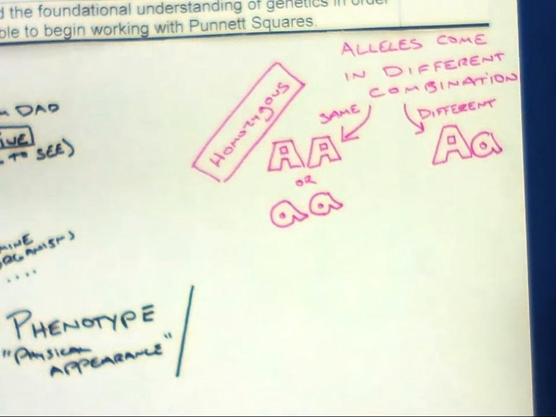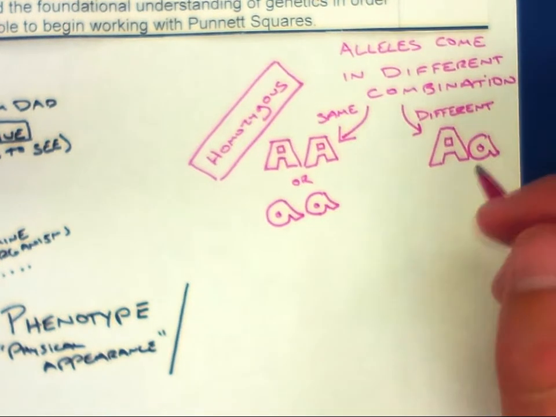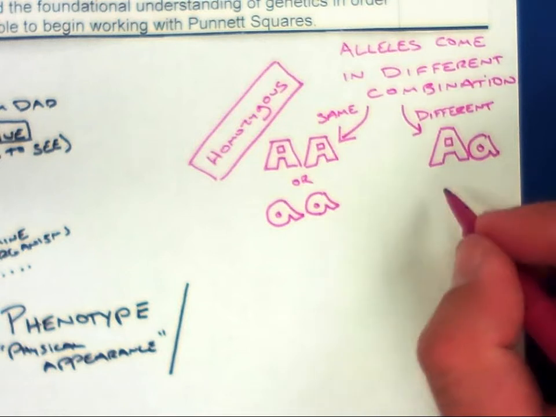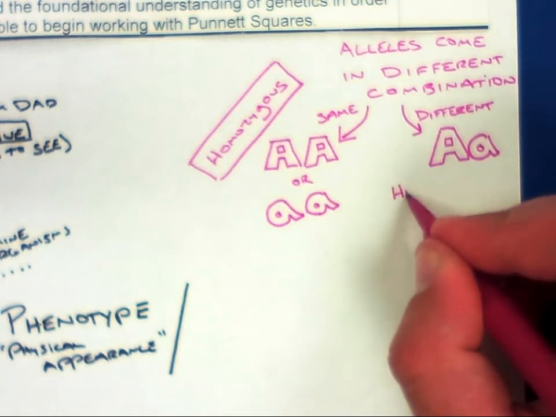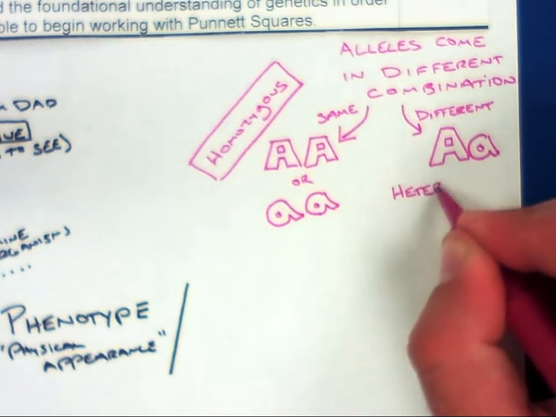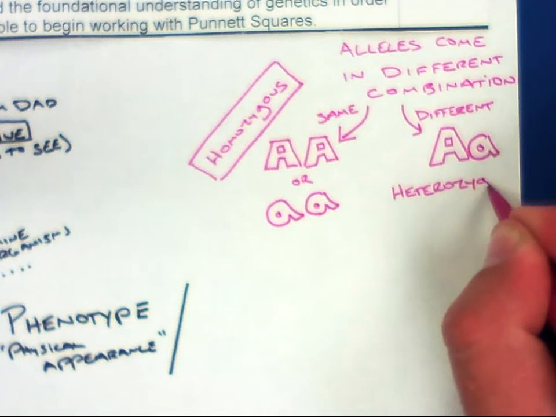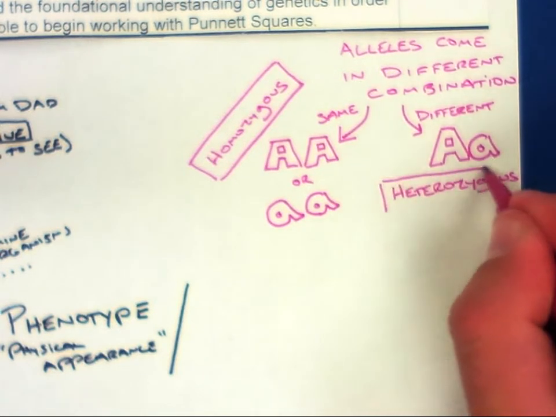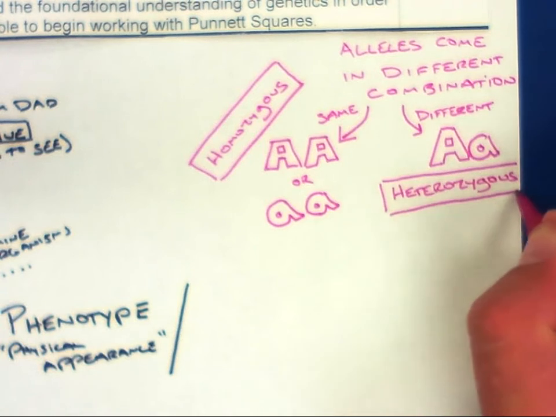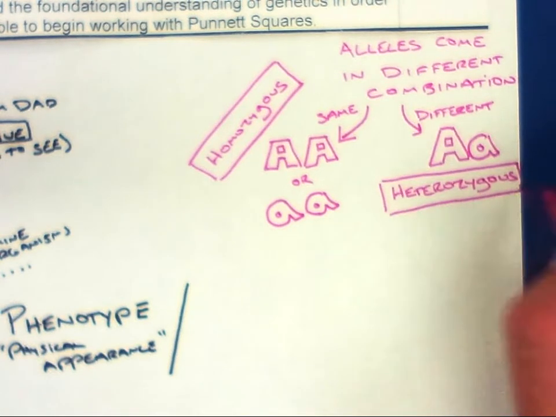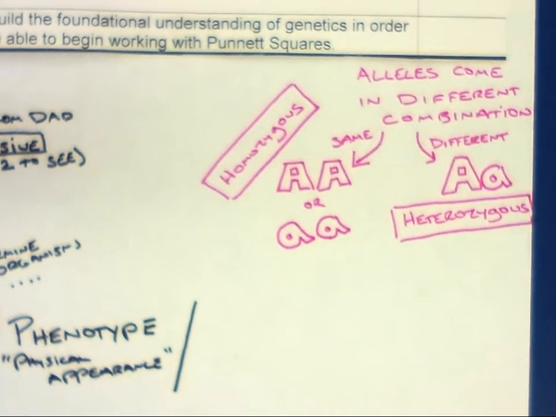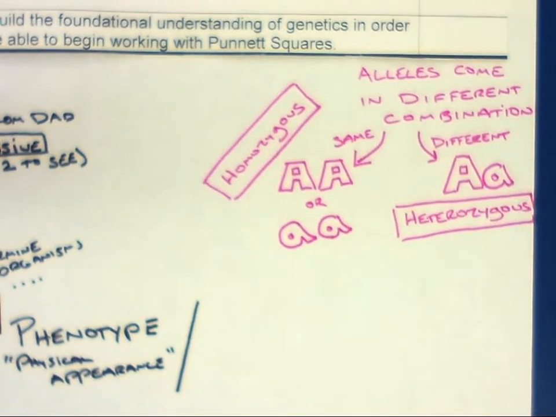So one capital, one lowercase, or one dominant, one recessive, and this is known as heterozygous. So if you have two different, meaning one capital, one lowercase, one dominant, one recessive, then you are heterozygous.